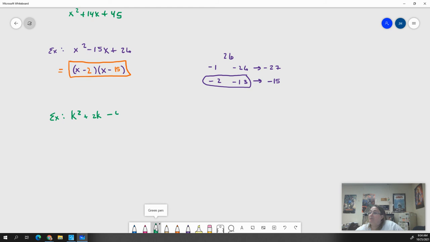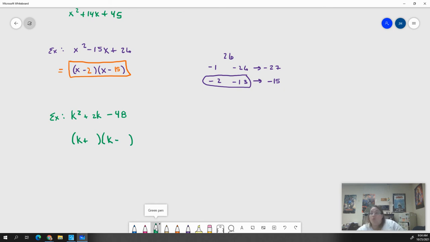Minus 48. Right? We know by this negative C term that one of our factors is going to be k plus something, and our other factor is going to be k minus something.